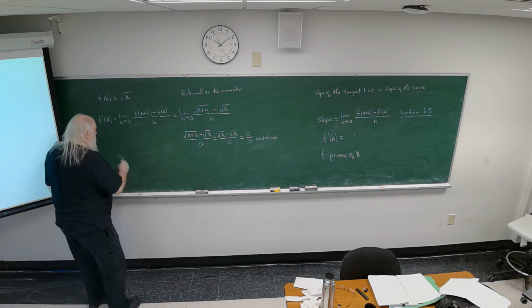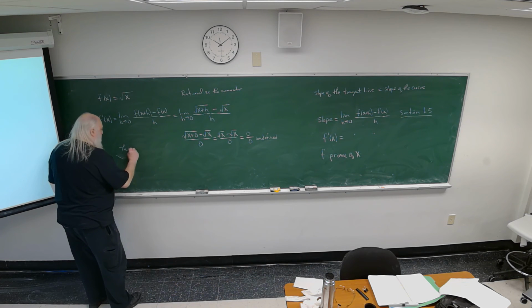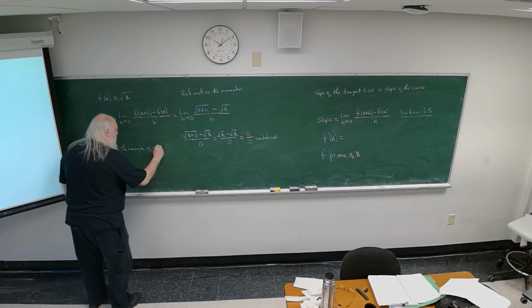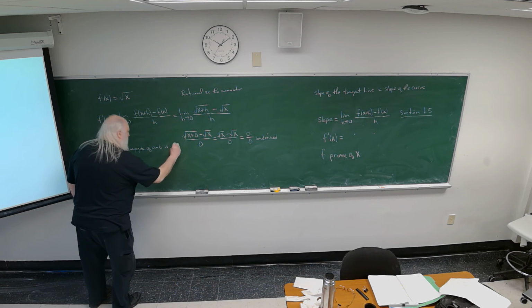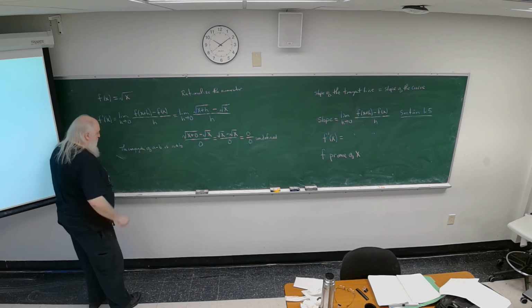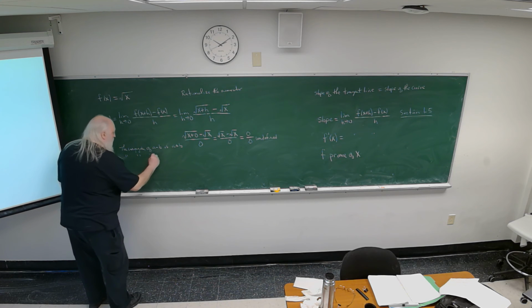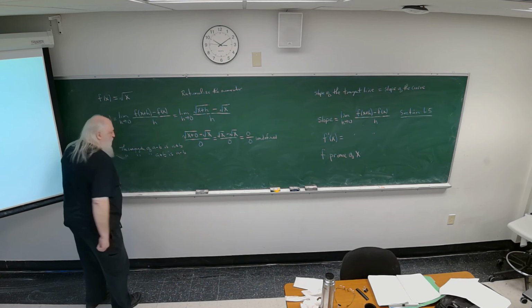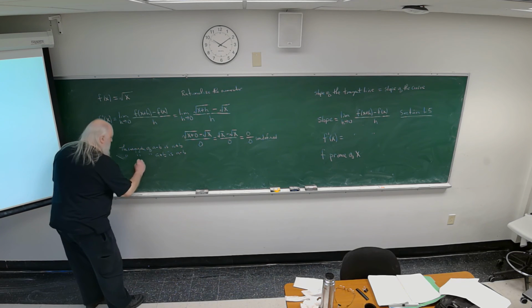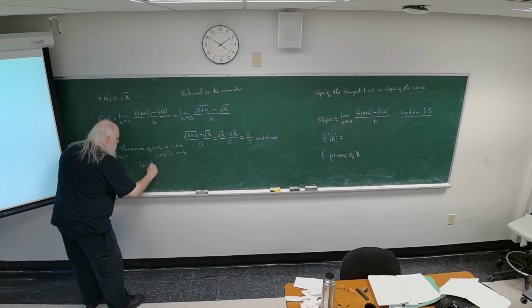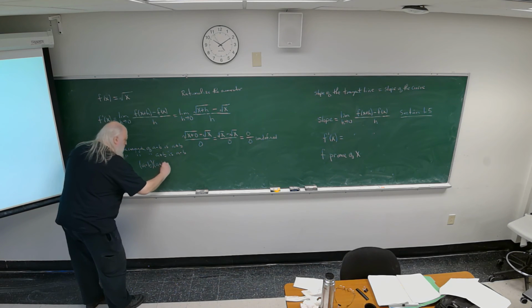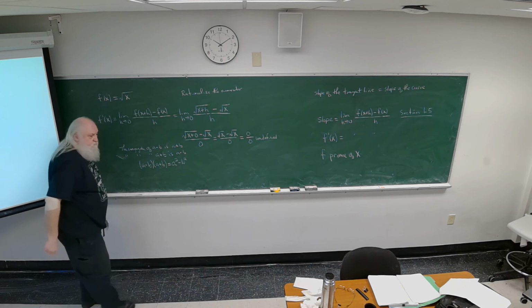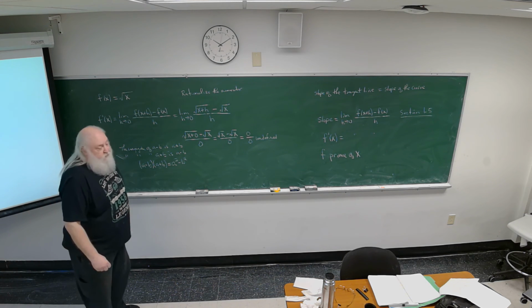So the conjugate, just to review, the conjugate of a minus b is a plus b, right? And the conjugate of a plus b is a minus b. And the reason for that is when you multiply a minus b times its conjugate a plus b, you get a difference of squares, a squared minus b squared. And that gets rid of the square roots.